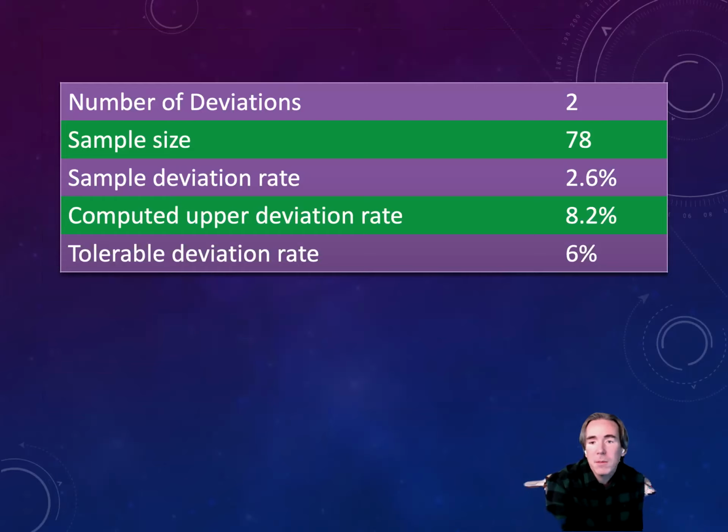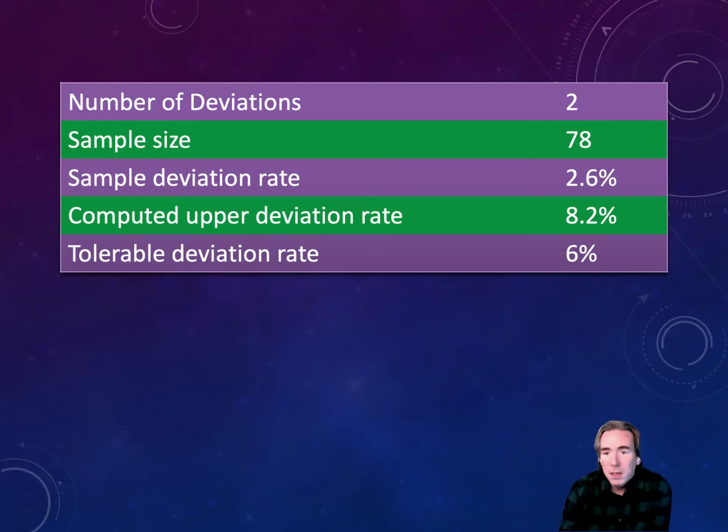So in this case, one could say our sample deviation rate was 2.6%. It would be a fair question, what's the sampling allowance? Well, that would be 8.2 minus 2.6 or 5.6. Now again, just think about that for a second.